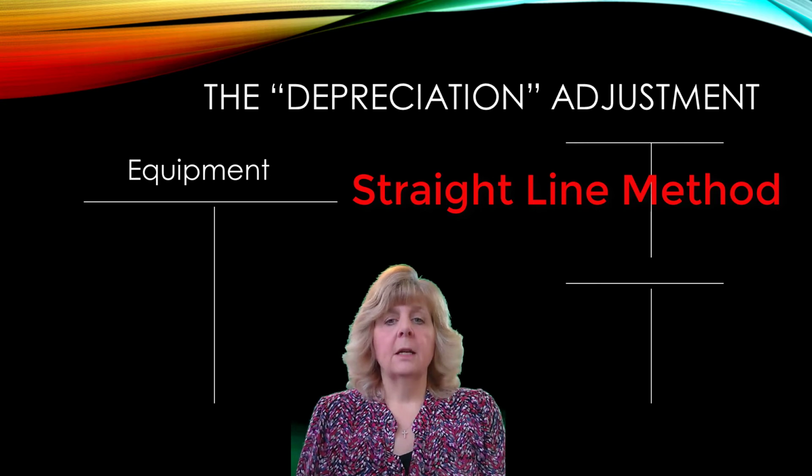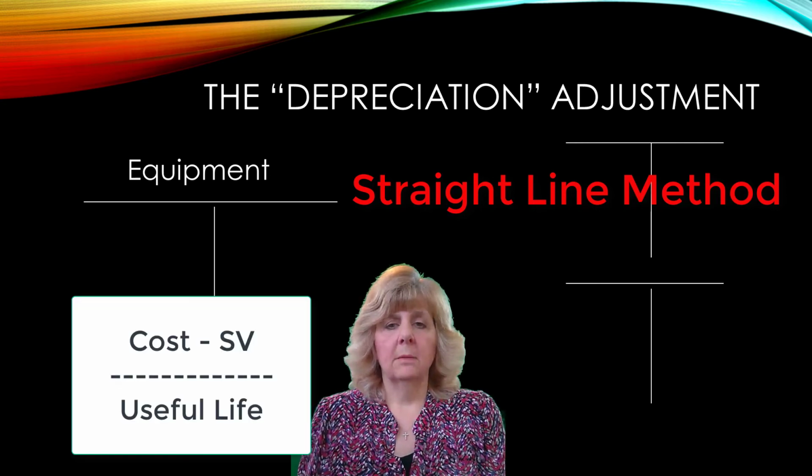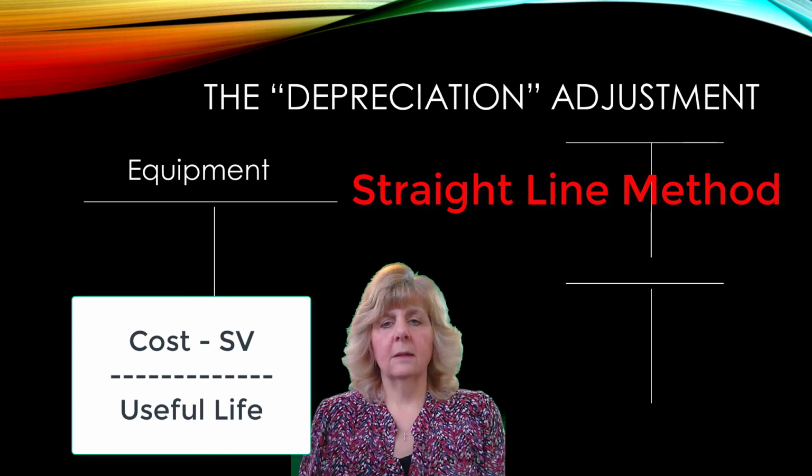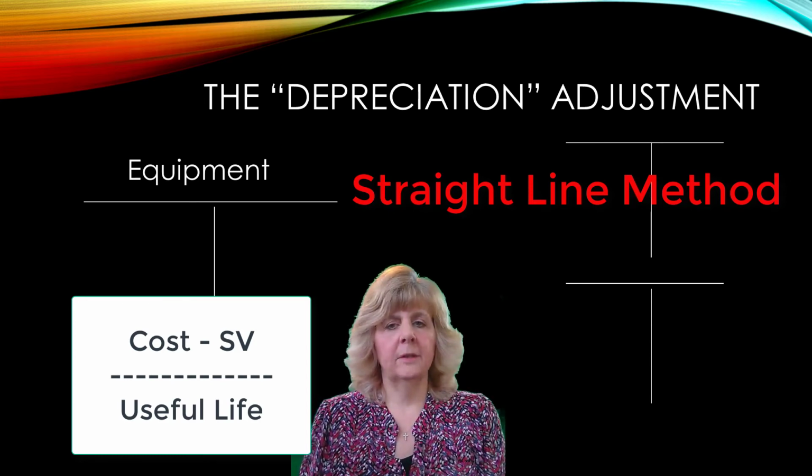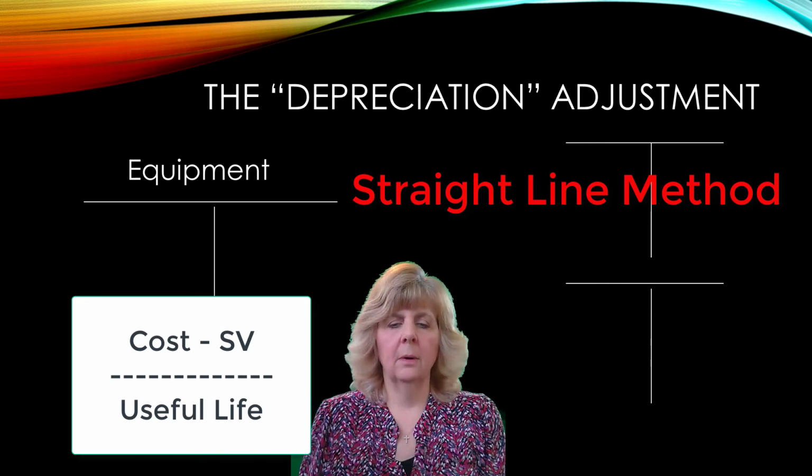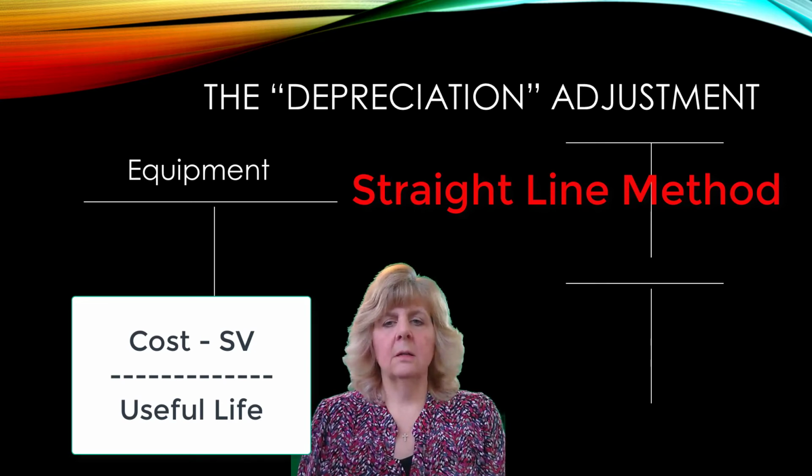The straight line depreciation method takes the cost of the asset, subtracts out the residual value, sometimes called the salvage value, and takes that amount and divides it by the life of the asset. This can be expressed in either years or in months.